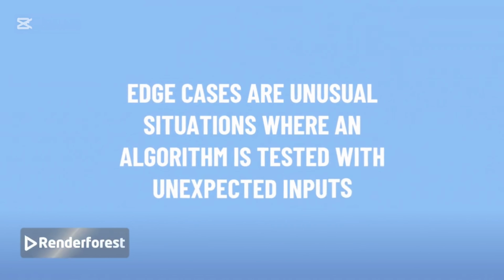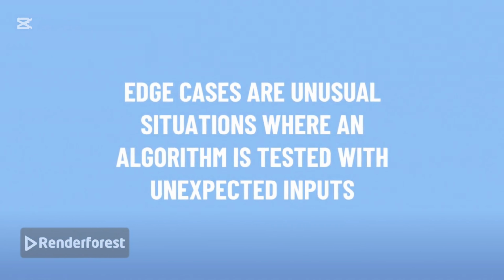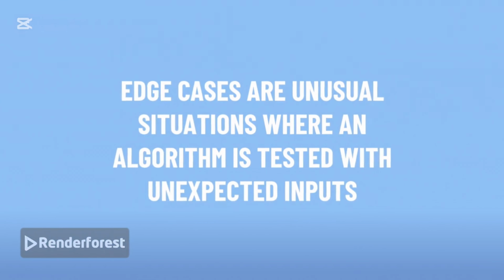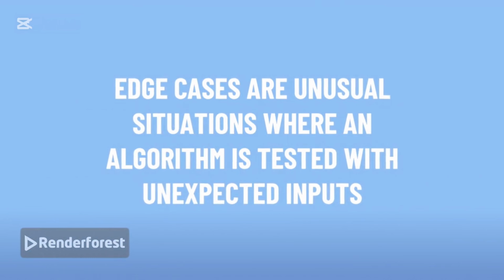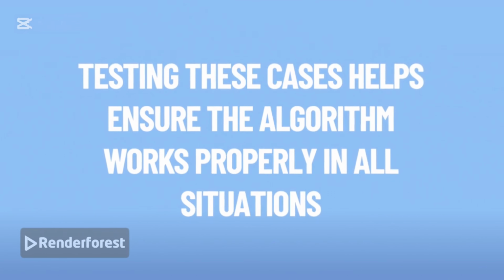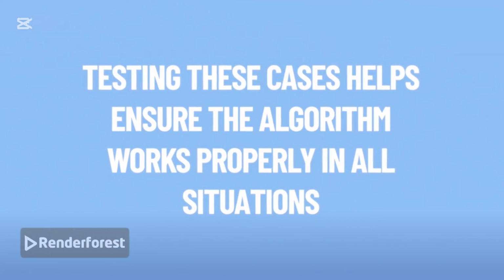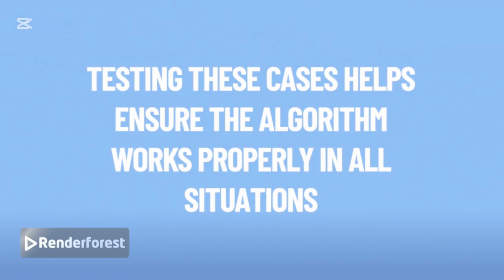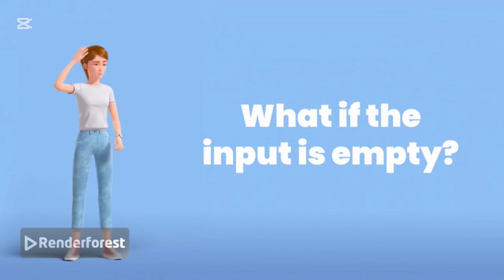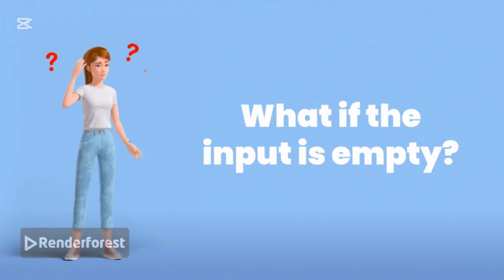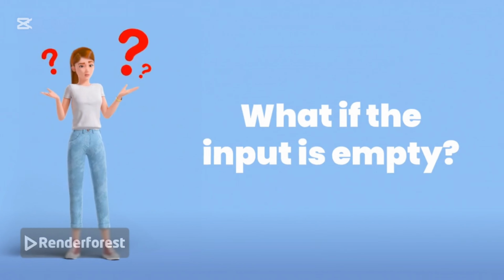Edge cases are unusual situations where an algorithm is tested with unexpected inputs. For example, entering a negative age. Testing these cases helps ensure the algorithm works properly in all situations. So, to think like a computer, always ask, what if the input is empty?